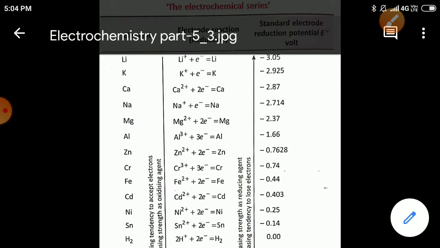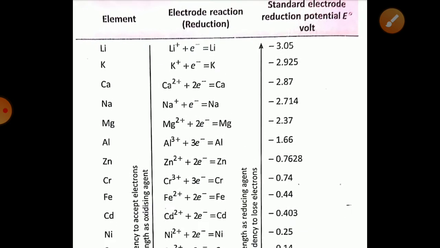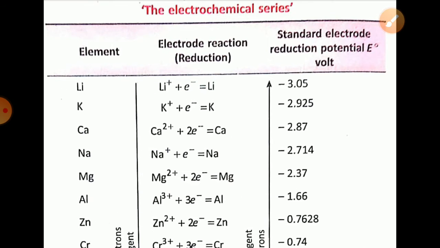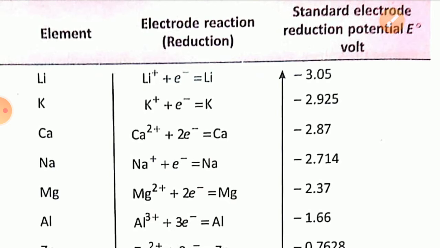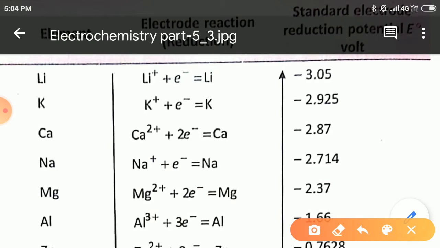Now this is the electrochemical series. In this series, the elements are arranged in the order of their reduction potential. Here on the right hand side, we see that the reduction potential is decreasing in negative value, that is, positive value increasing.